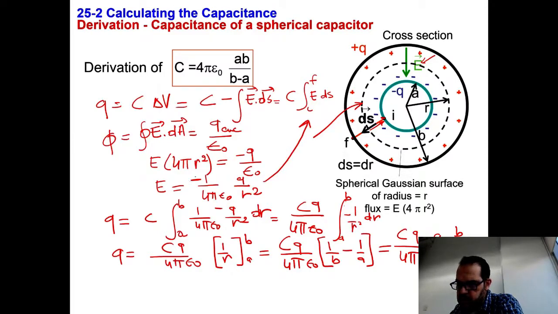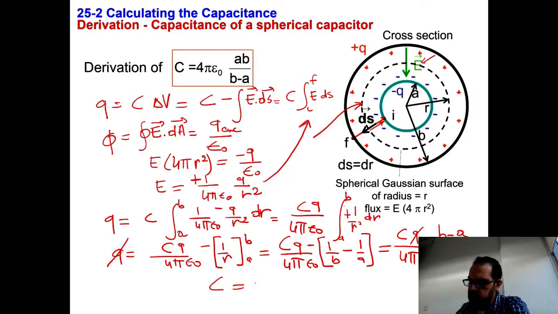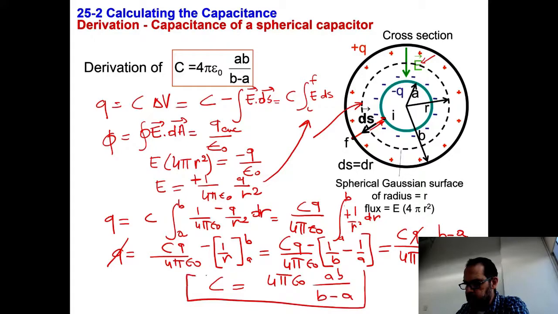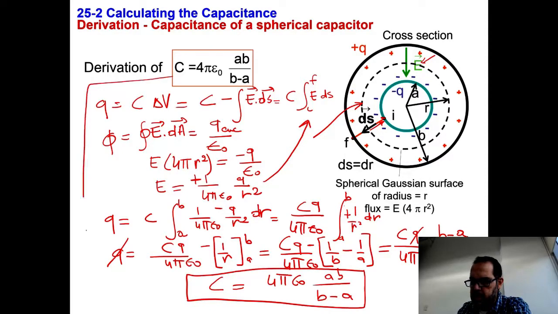If we use only the magnitude, this will be positive, so we will have B minus A. If we eliminate the Q's from this equation, we get C equal to 4 pi epsilon 0 times AB divided by B minus A, which is this equation.